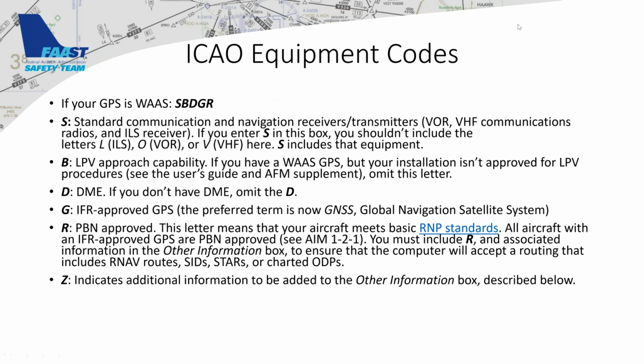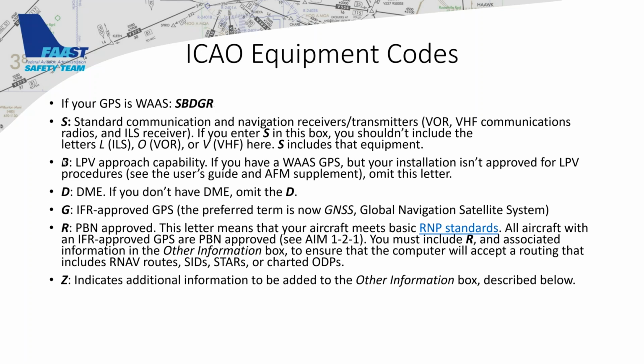So what I've done here is just given a basic example. If you have, let's say, a Garmin 430 WAAS, your ICAO equipment code is going to be SBDGR, and I'll dive into where that goes and what all that means.